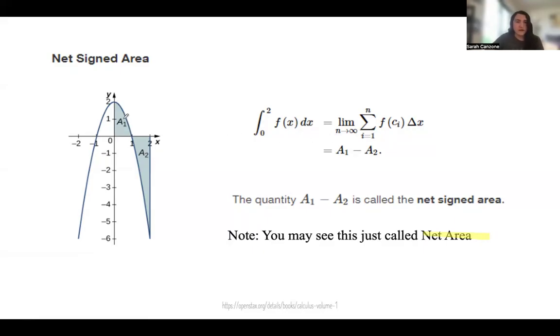But if we know that the area here is A1 and the area here is A2, well, we can compute the net area. The definition of net area is taking the positive area and subtracting the negative area. So the integral here from 0 to 2, the net area is A1 minus A2. The quantity A1 minus A2 is the net area.